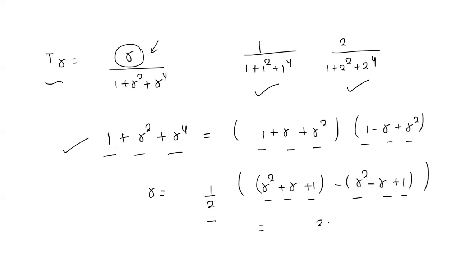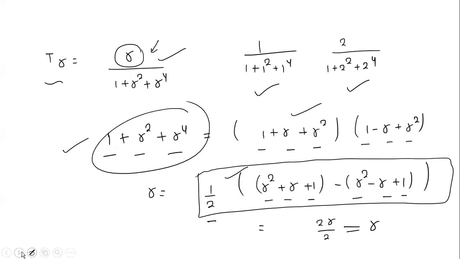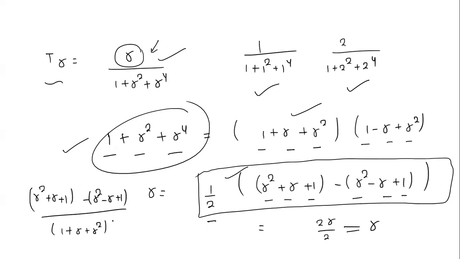Because in the numerator it will be 2R and in the denominator this is 2, so it is simply equal to R. So let's replace R by this, and the denominator by these two factors. After replacing, we have R square plus R plus 1 minus R square minus R plus 1, divided by 1 plus R square and 1 minus R plus R square, and there is a half factor outside.